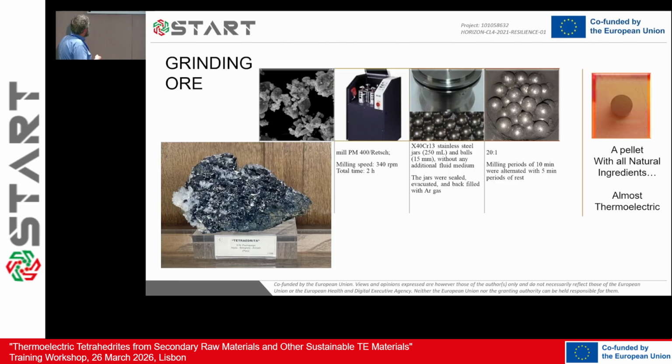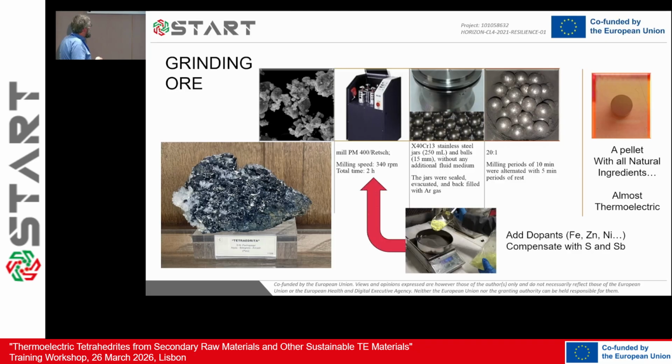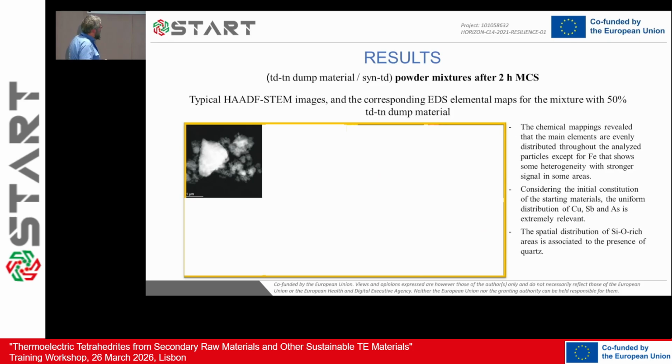We needed to change a bit what nature provided us, and we tried to add dopants to the ball milling part in order to compensate for this lack of properties, adding substitutional elements to copper and compensating with more sulfur, more antimony. And the results are quite good in general, from a perspective of material production, of course.